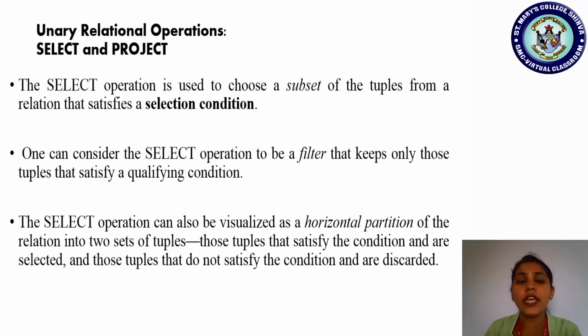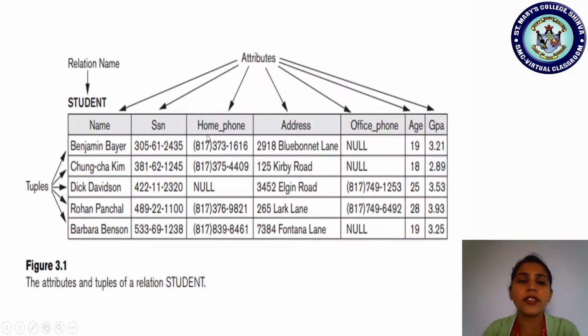The select operation can also be visualized as a horizontal partition of the relation into two sets of tuples: those tuples that satisfy the condition and are selected, and those tuples that do not satisfy the condition and are discarded. So it is easy, students. If we use the select operator in a relational operation, we can view the result as a horizontal partition, that is, a row of information.